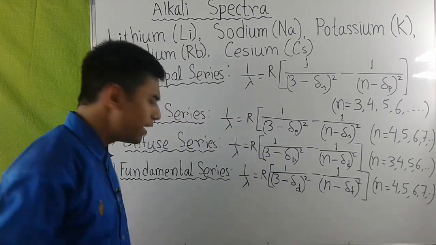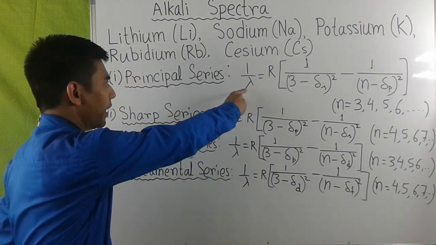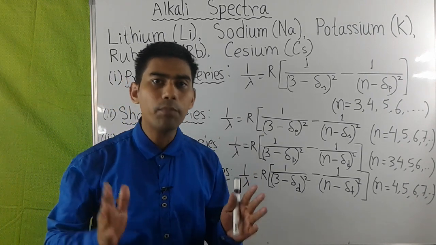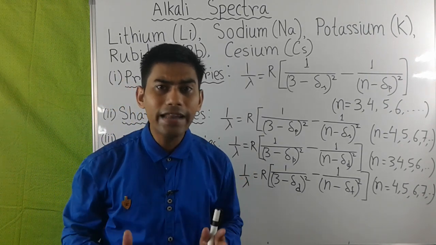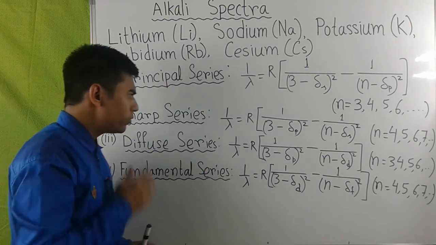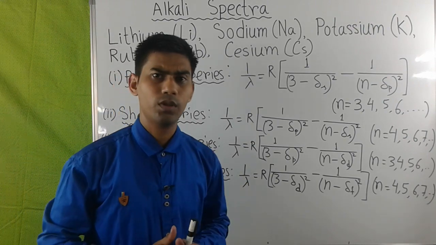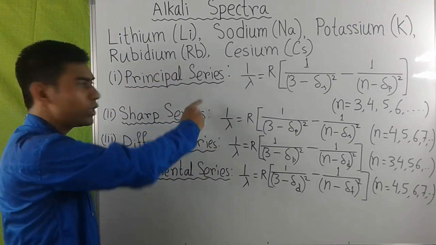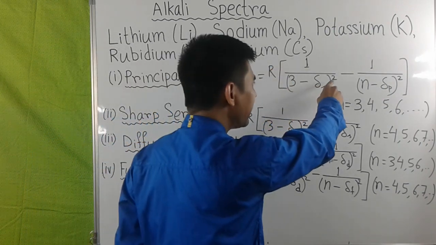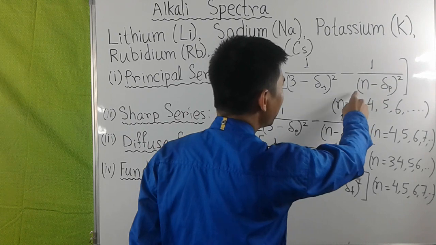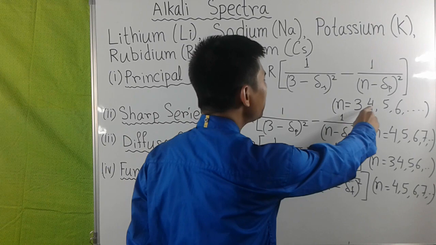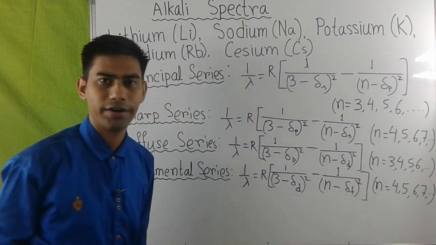Now, the wavelengths lambda of the lines of these series are given by empirical formulas, somewhat similar to the Balmer formula in the hydrogen spectrum. Now, in the sodium atom, for the principal series, 1 by lambda equals R times 1 by (3 minus delta S) square minus 1 by (n minus delta P) square, and n equals 3, 4, 5, 6 and so on.